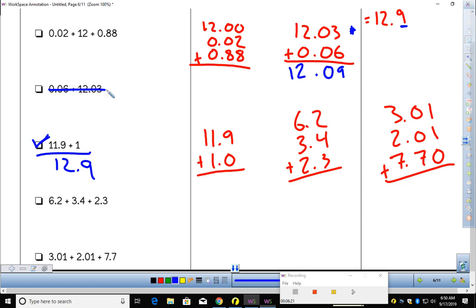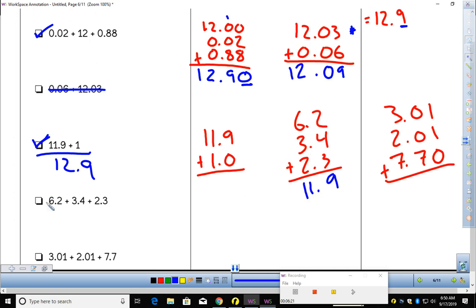Okay. Here I have 8 plus 2 plus 0.1 plus 0 plus 0 plus 8. You might be tempted to say no, but remember that the 0 at the back end of this doesn't change the value. That's actually a correct response. Okay. 3 plus 4 is 7, plus 2 is 9. 6 plus 3 is 9, plus 2 is 11.